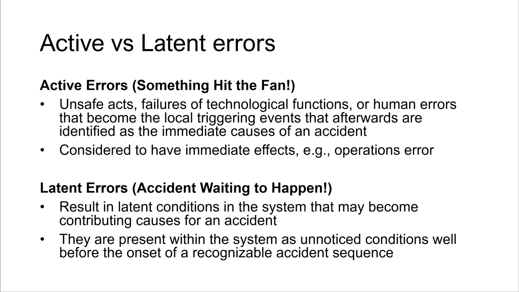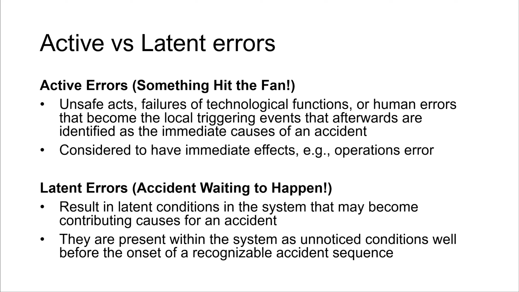But then you have latent errors, and these are far more common. This is the accidents waiting to happen. So it's a result of latent conditions in the system that might become contributing causes for the accident. They're weak links, let's say, and if the right scenario comes along, they will fail. They're present within the system as unnoticed conditions well before the onset of a recognizable accident sequence.